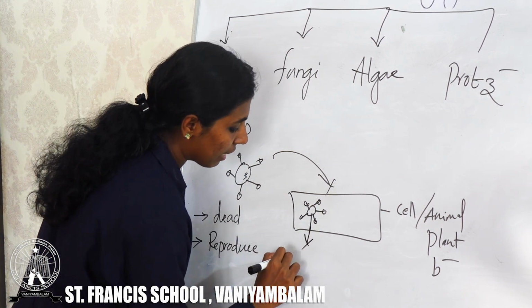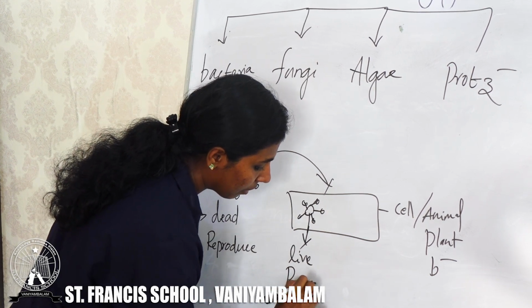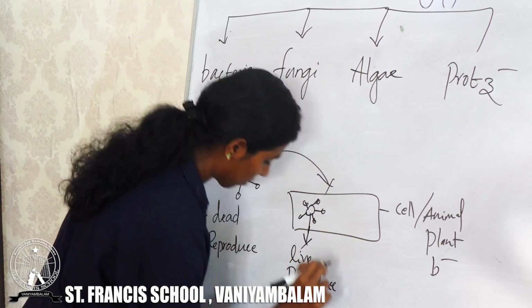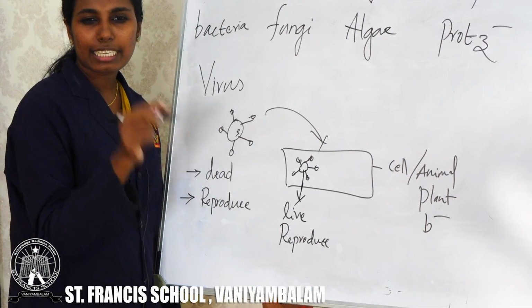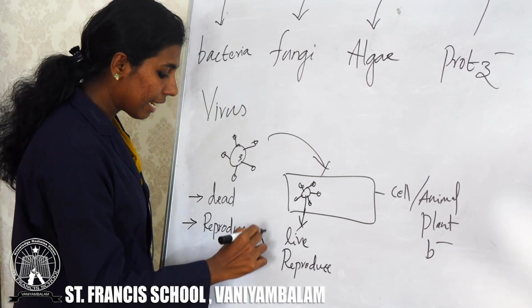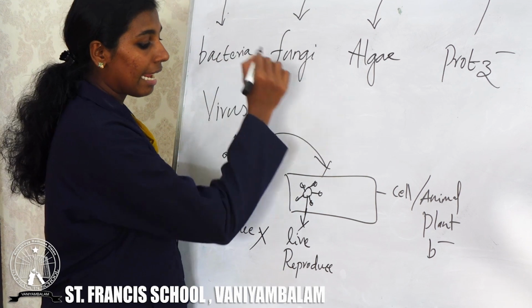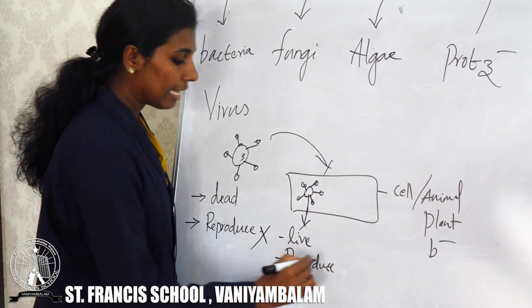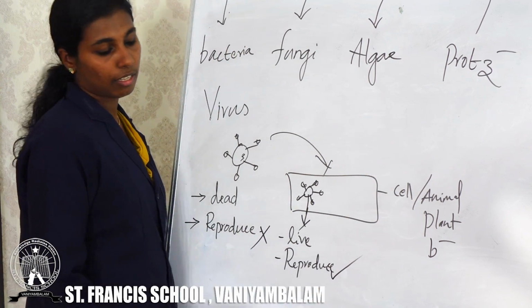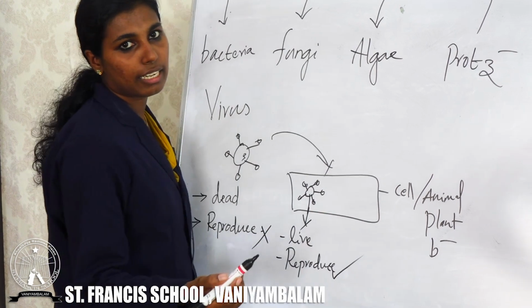Now, this virus is live. It can reproduce. So, outside a cell, virus is just like a dead cell. It cannot reproduce. But when a virus enters inside a cell, it is just like a live cell, it can reproduce. This cell can be an animal cell, plant cell or bacterial cell.